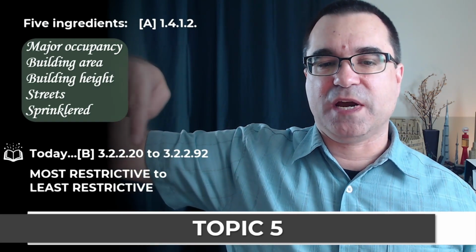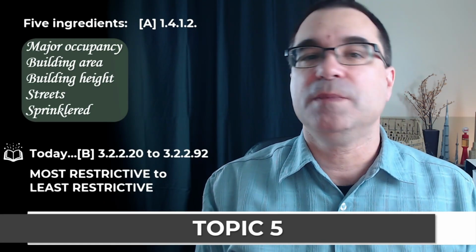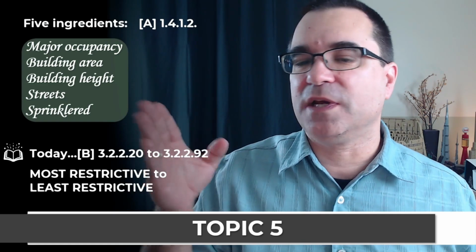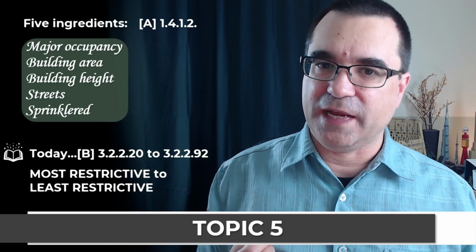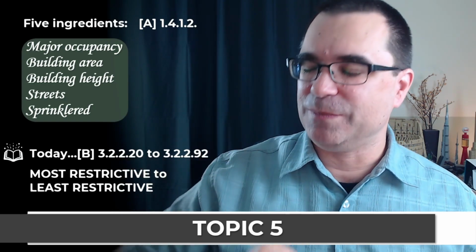These 73 articles are in Division B, and they start at Article 3.2.2.20, and they go all the way up to and including Article 3.2.2.92.